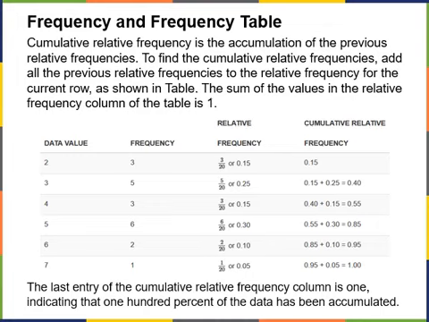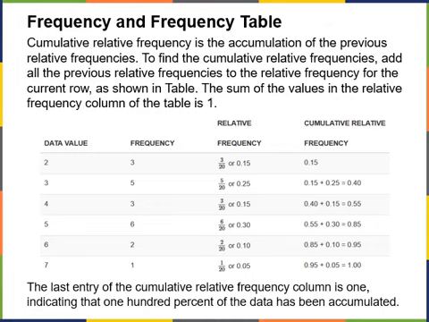Basically, let's say your first frequency is 0.15 and your second is 0.25, then you would add both of those and get 0.4, and then you keep repeating. So 0.4 plus 0.15 is 0.55, and then you add that to the next row, and so on and so forth until you get down to the bottom.